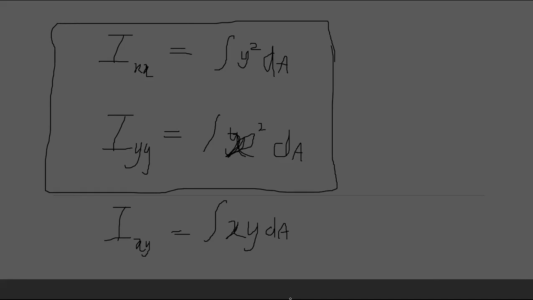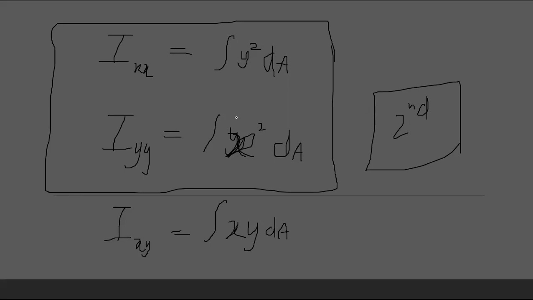So the second moment of area, what does it actually mean? It is the resistance of a cross section to bending, given by the second moment of inertia.